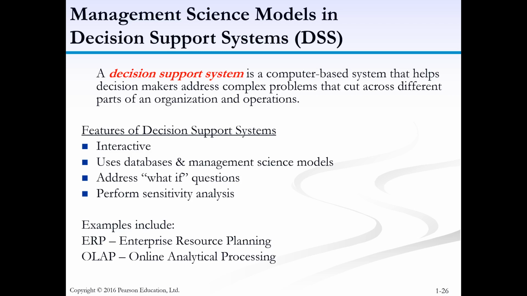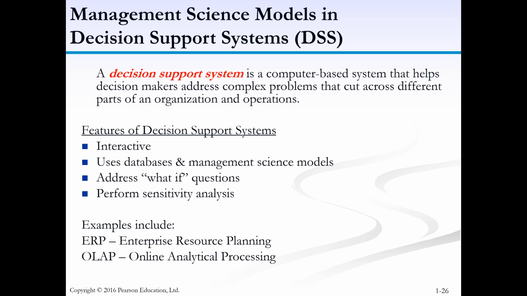Management science models in decision support systems. A decision support system is a computer-based system that helps decision makers address complex problems that cut across different parts of an organization and operations. We have discussed management information systems. Now here we are talking about decision support systems. What is the difference?